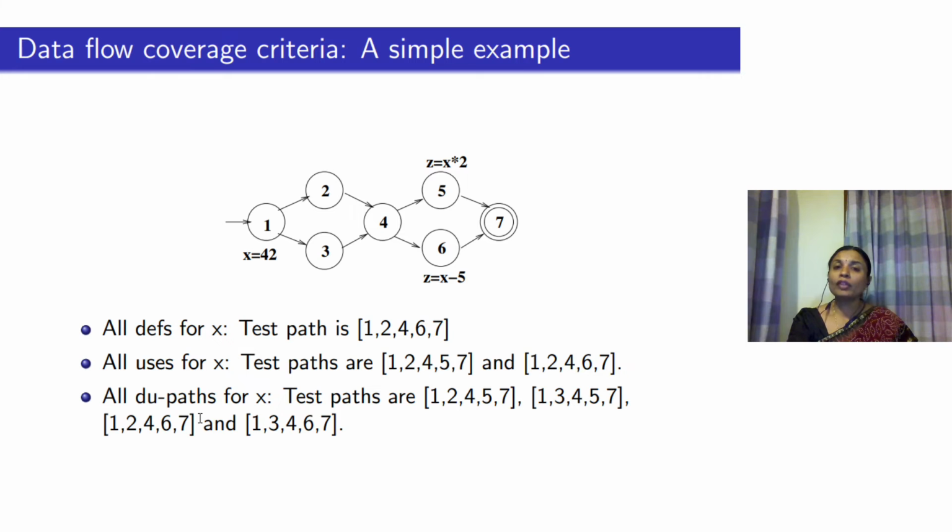If you remember, we had this simple example in the last lecture when we introduced data flow coverage criteria, where X was defined at node 1, Z was defined at nodes 5 and 6, and X was used at nodes 5 and 6.